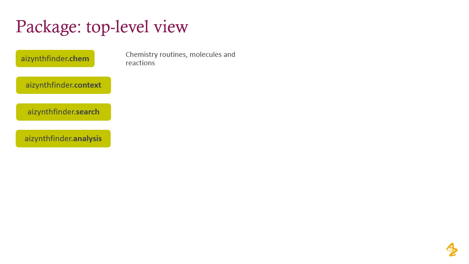The Chem package contains chemistry routines for molecules and reactions, and it's basically an interface towards RDKit. Then we have the context package, which contains everything that is necessary for the search, so configuration, policies, stocks, and so on. Then we have the search package, which encapsulates different search algorithms. And we have the analysis package, which contains a few helpers for doing analysis.